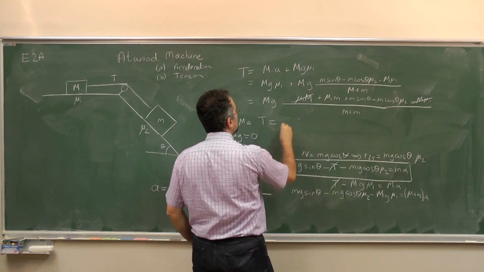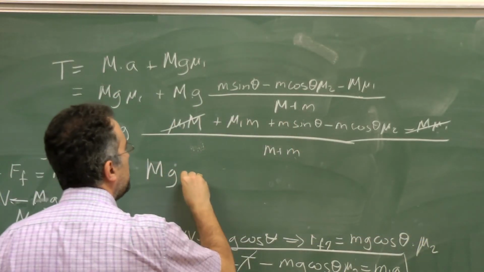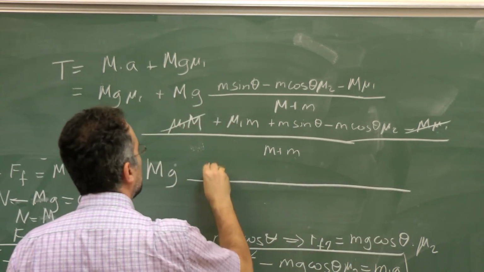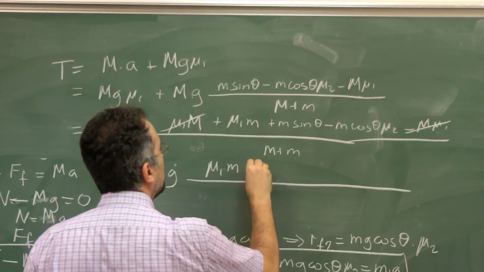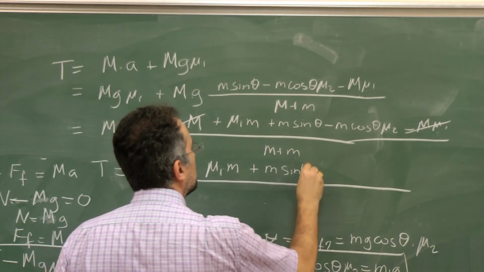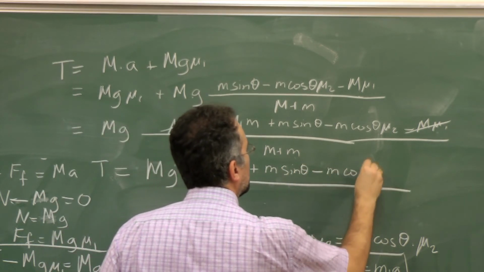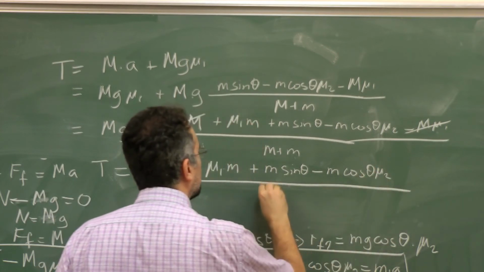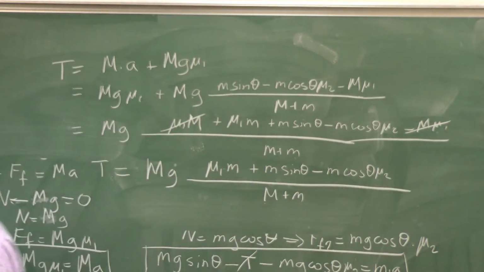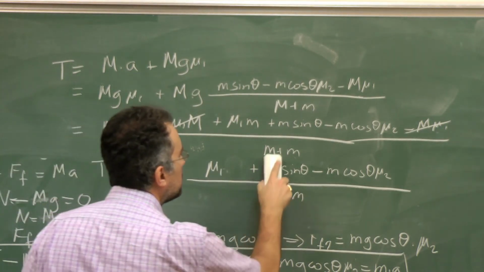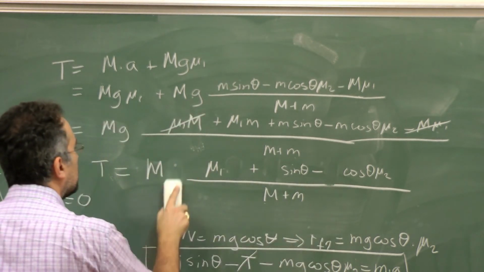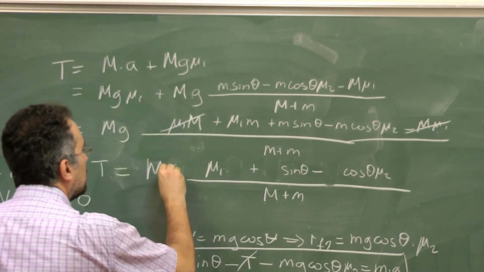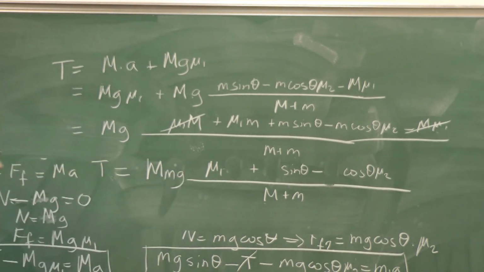So I get tension is Mg, mu1 m plus m sine theta minus little m cosine theta mu2, over capital M plus little m. You can put everything in parentheses. Right, okay. So I can do that. That becomes funny like that.